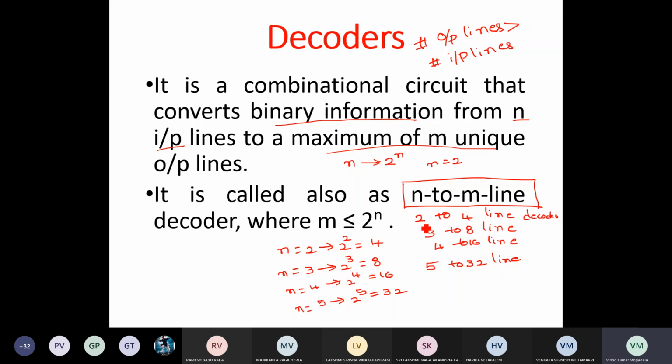So we'll have 2 input lines and 4 output lines, 3 input lines and 8 output lines, 4 input lines and 16 output lines. So it is decoding.